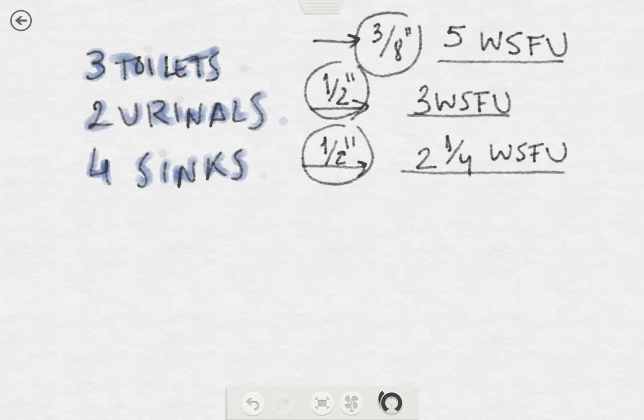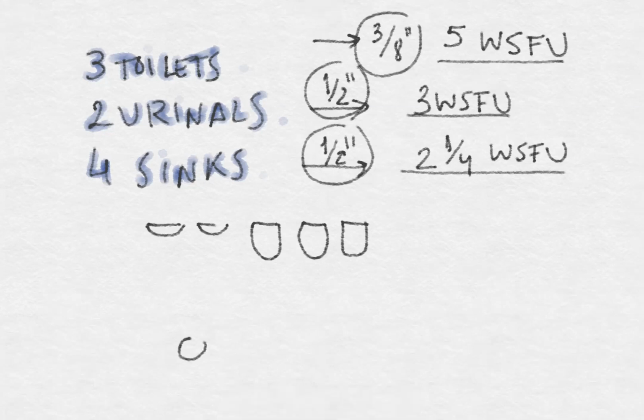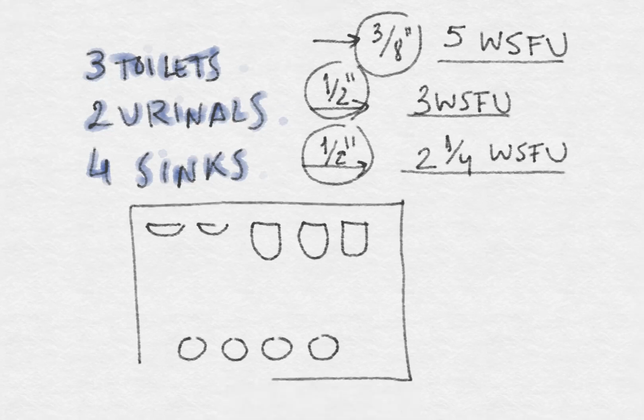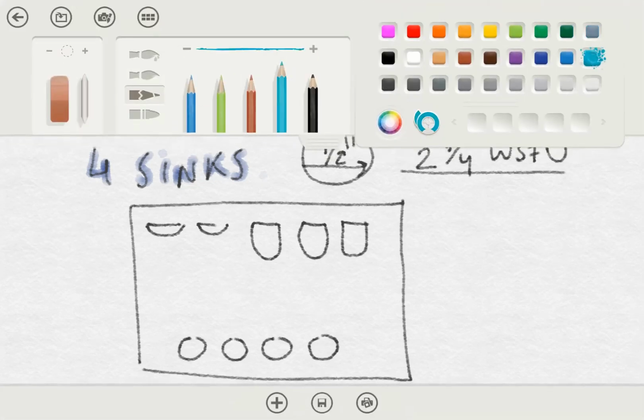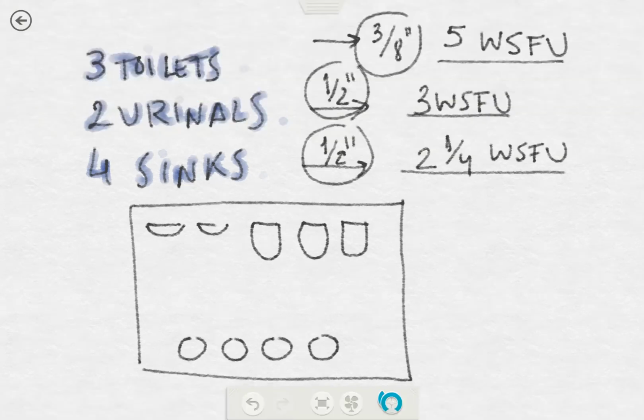So if you remember, there were toilets here, 1, 2, 3, 4, a urinal here, 1, 2, and then there are 4 sinks here. This is the restroom. Now we have to supply water to all those pipes.